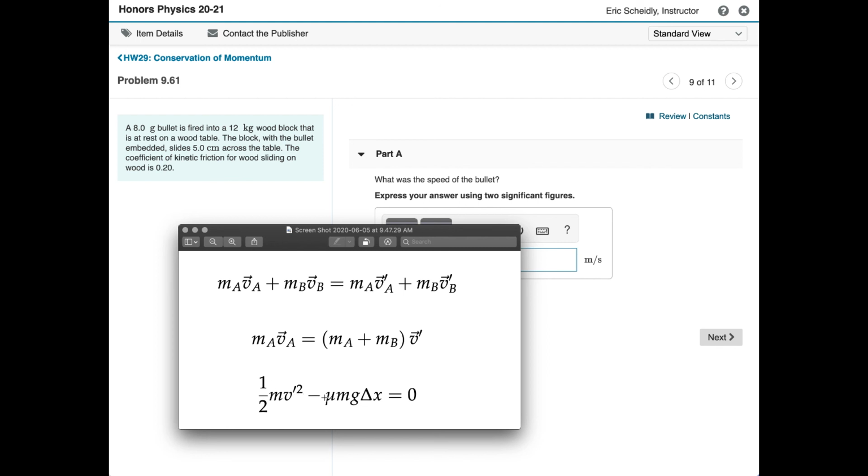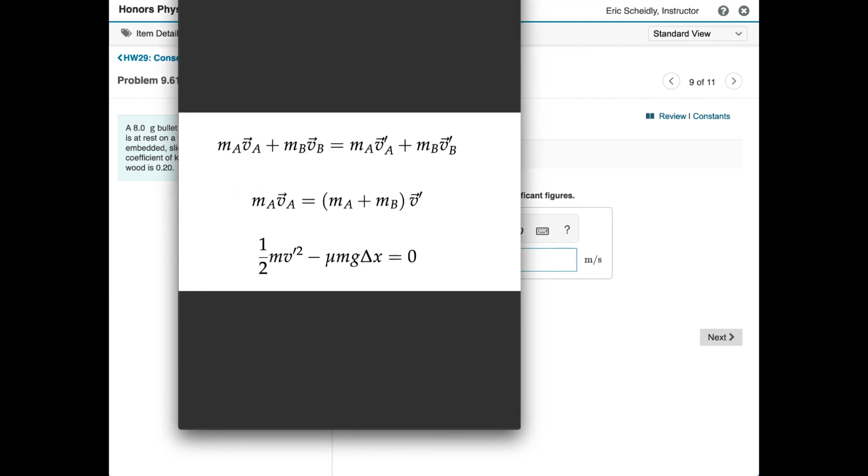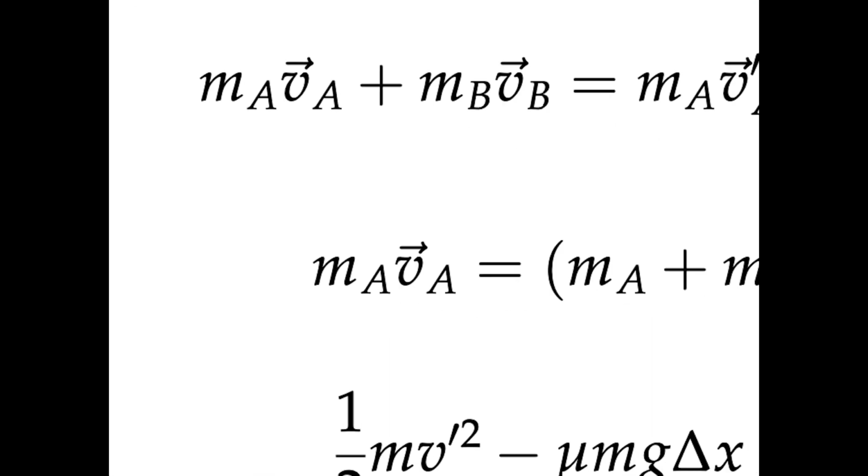Negative work is done by friction over the displacement delta x to remove that energy so that the final energy is equal to 0 when the block skids to rest. Solve this equation for v prime. Plug v prime into this equation and solve for VA. Fun. Even more fun.